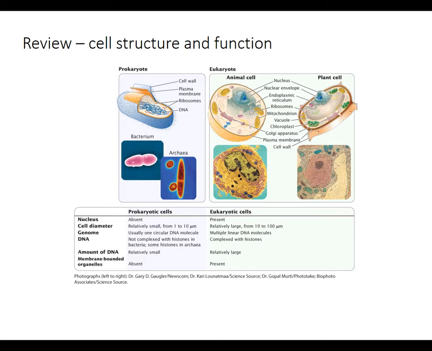And for the eukaryotic cell, again, the basic structures, basic functions of those organelles, and basic characteristics of eukaryotic cells. And that's because we're going to build on that knowledge.